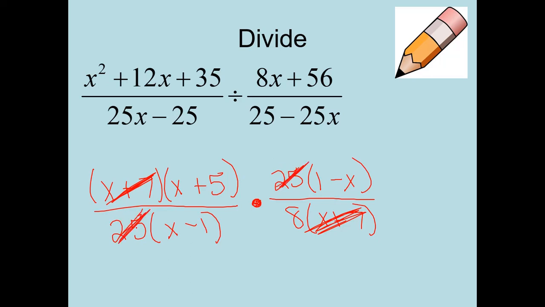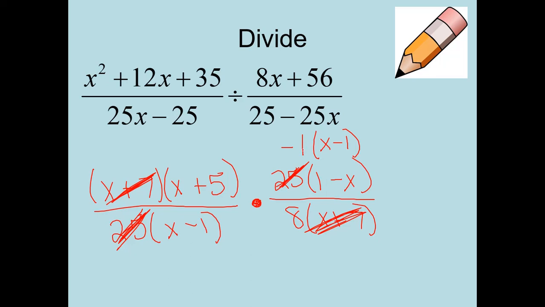25s cancel out. Now notice, guys, x minus 1 is not the same as 1 minus x, okay? The signs have been flipped. However, I can flip those signs back around. I need to factor out of 1 minus x a negative 1. So if I do that, I will get x minus 1. The 1, which was positive, will become negative. The negative on the x will become positive by factoring out a negative 1.